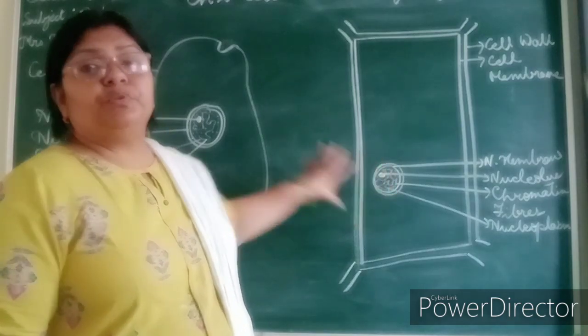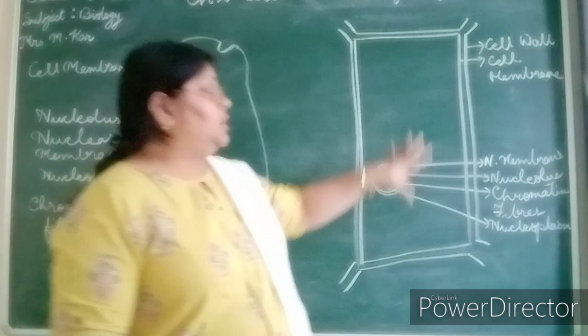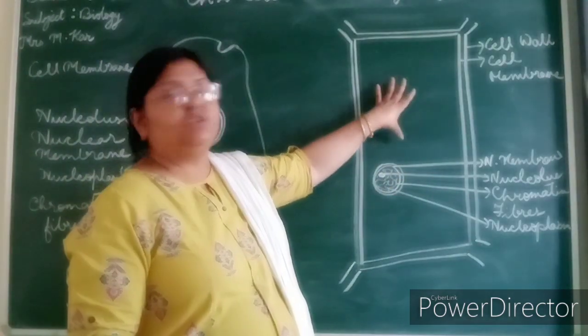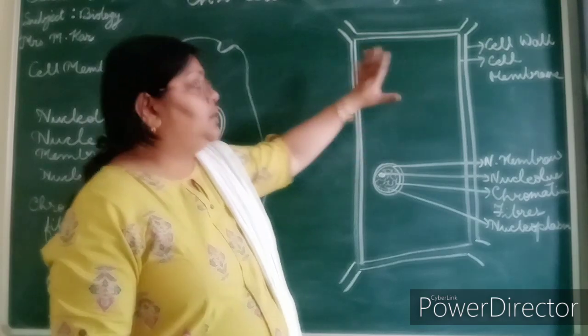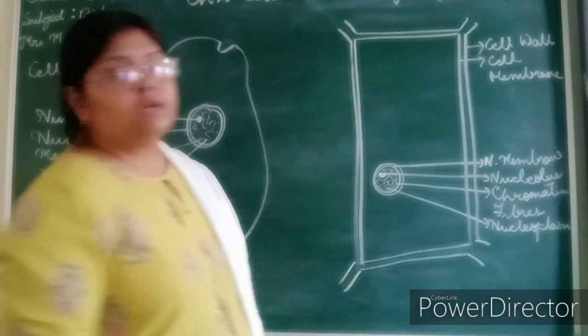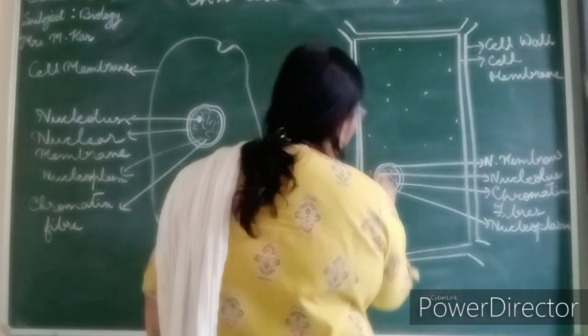Only what you see, the position is different. That I'll talk about after I finish a particular part. Now the space between the cell membrane and the nucleus is filled by a jelly-like substance called cytoplasm.